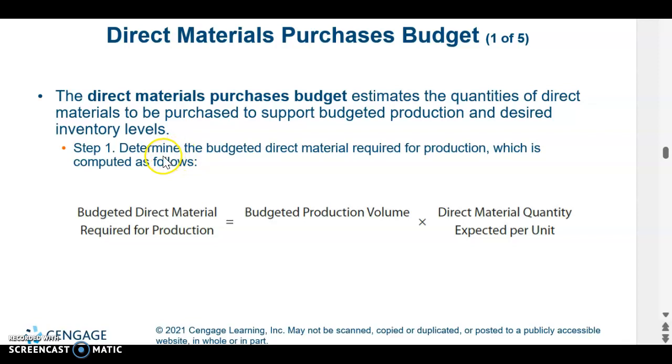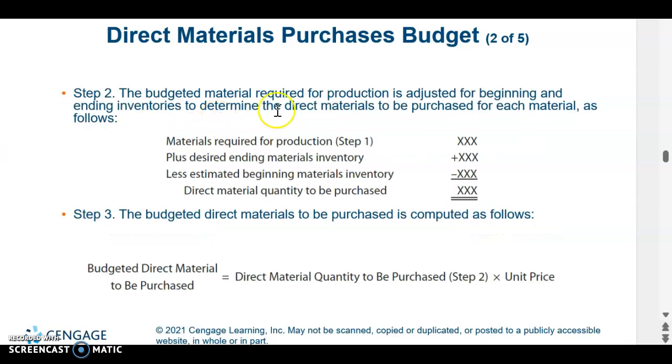So step one, we're going to determine the budgeted direct material required for production. And the way we do that is we take the budgeted production volume and times it by the direct material quantity expected per unit. Then in step two, we're going to look to see how much we need to adjust it for by taking into account beginning and ending inventory levels.